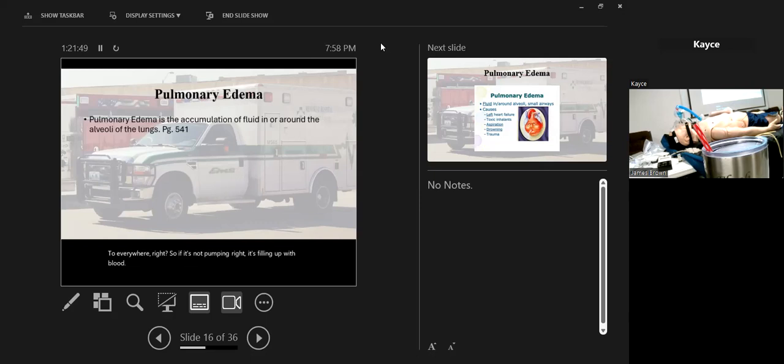Where's it going to go? It comes back up into the pulmonary vein, and it's filling the lungs. It's going to start pushing into the interstitial space around the lungs and start putting fluid around the lungs in that area. When you think about it, the whole left side's not pushing out to the body, so it's filling up and backing up into the lungs. That's where we get pulmonary edema.